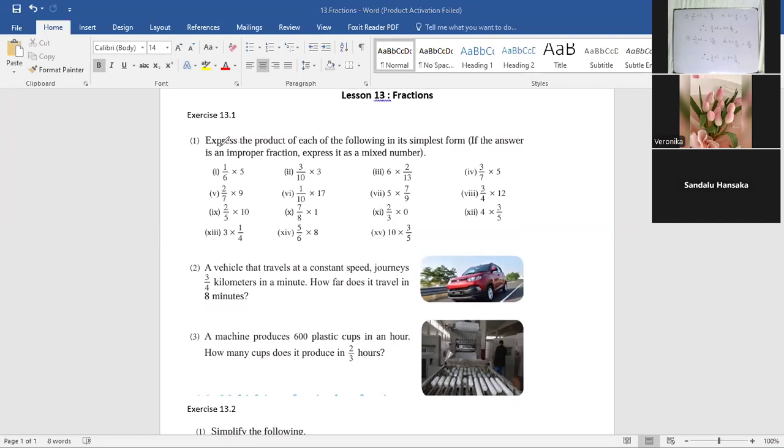It says express the product of each of the following in simplest form. If the answer is an improper fraction, express it as a mixed number. You have to use simplest form, and if the answer is an improper fraction, you have to convert it into a mixed number.